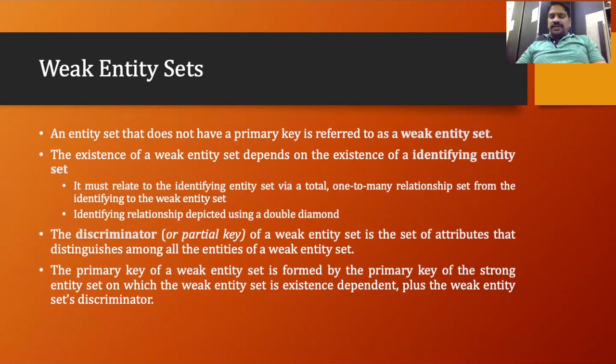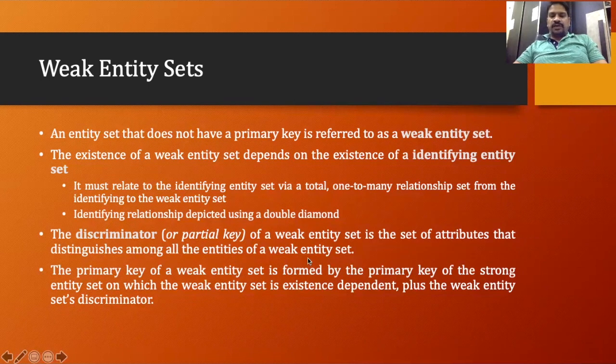Now, if it doesn't have any primary key, then what? Then we can put any attribute as a partial key, which is also called a discriminator. The discriminator of a weak entity set is the set of attributes that distinguishes among all the entities of a weak entity set.